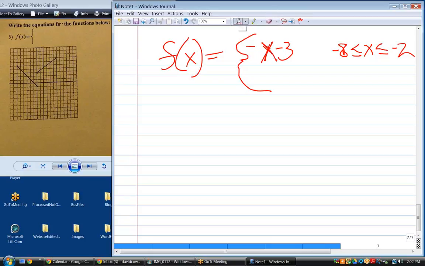Okay? Now, what's the next interval we're dealing with? In other words, this interval here. It's hard to see, but that is an open circle and that's a closed circle.